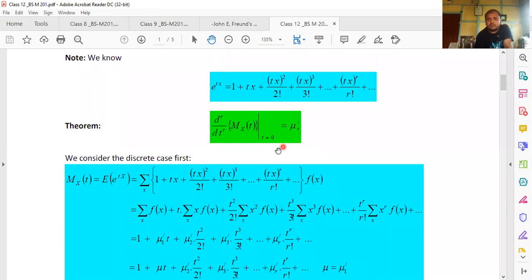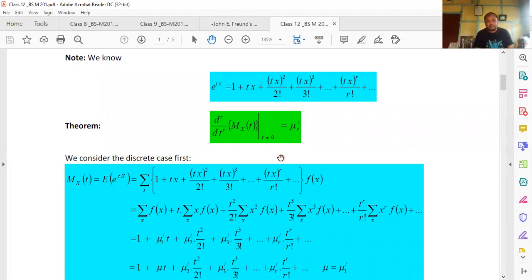You can take the help of mathematical induction in this particular case: when M_X(t) is present, you can take the derivative of this function M_X(t) r times, and put the value at the point t equal to 0.